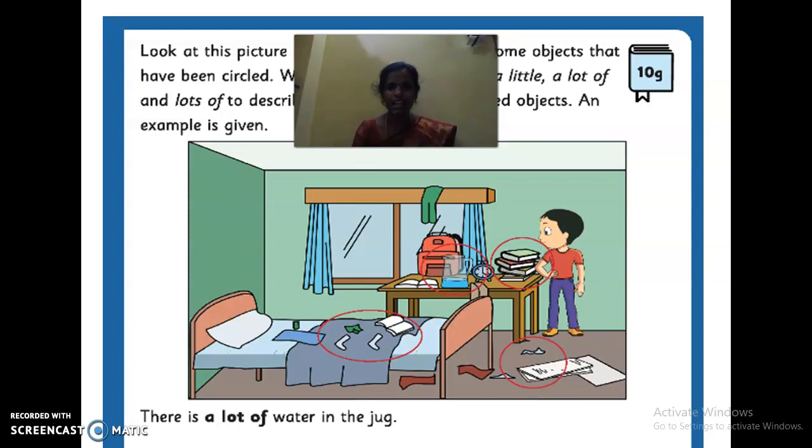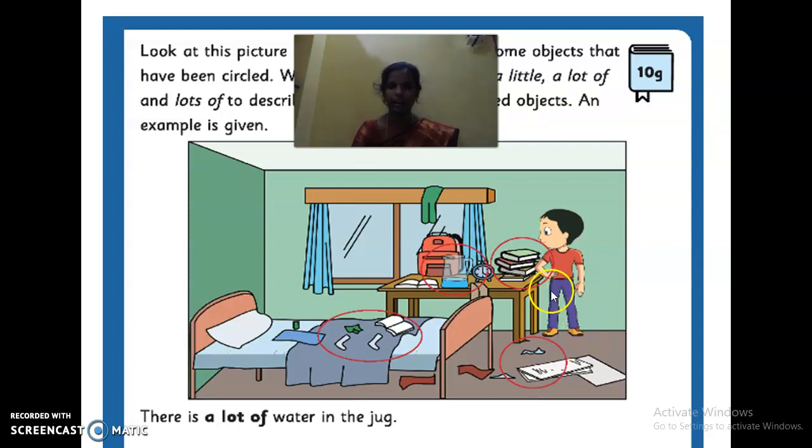Okay. There is a little water in the jug. So I have made one sentence. Why do I have to use a little? Because water is an uncountable noun. So that's why I have to use the words a little. Okay, there is a little water in the jug. The next one, a lot of and lots of we have to use for countable nouns.